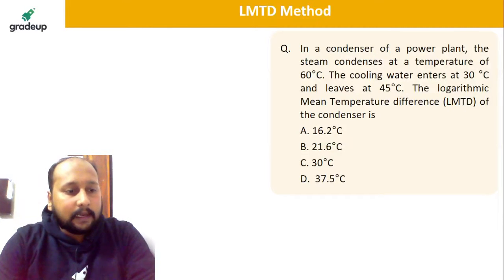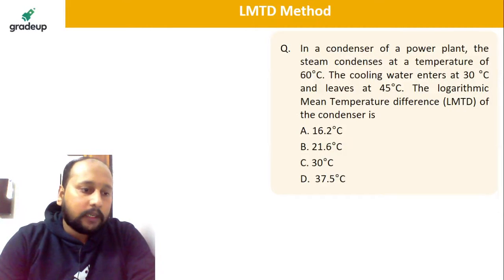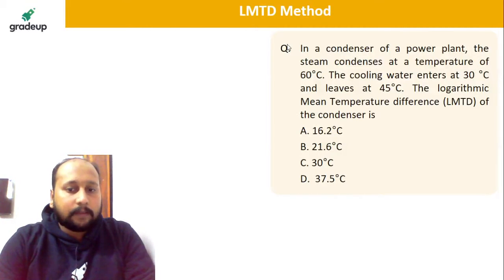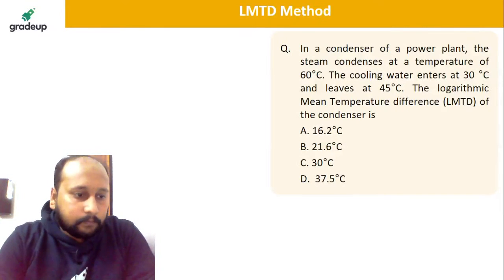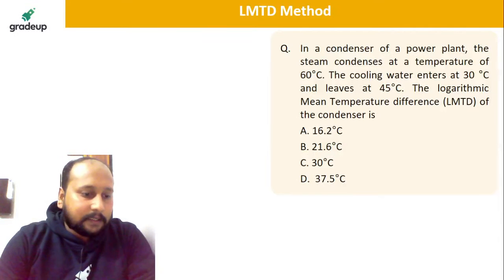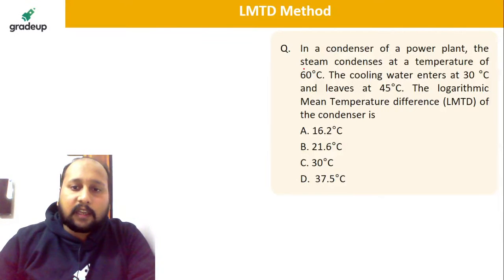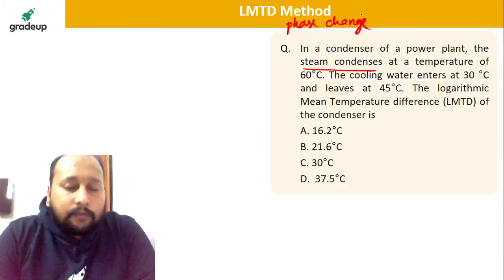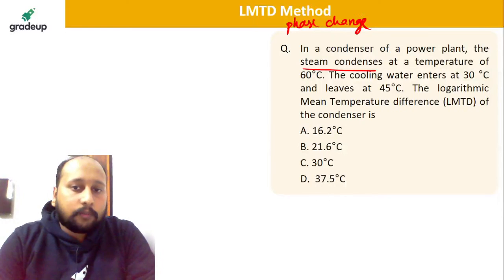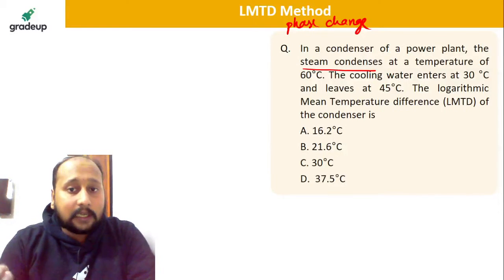You go with parallel flow or counter flow, you take up any heat exchanger, you'll be getting the same result. If I say there is a phase change, steam condenses, that means there is a phase change phenomenon. So it doesn't matter whether we take parallel flow or counter flow, because we are coming across a special case, that is phase change.